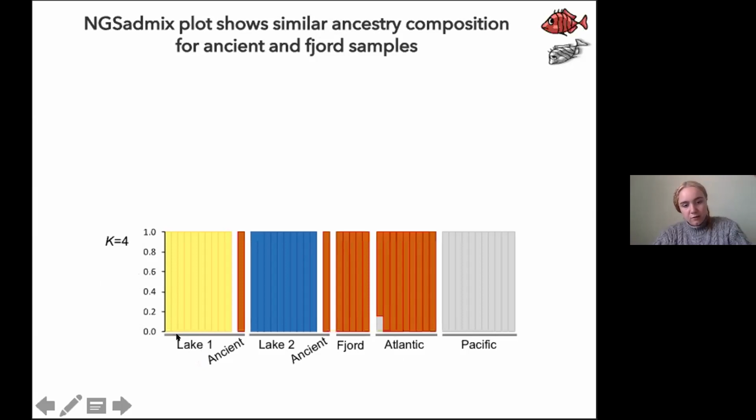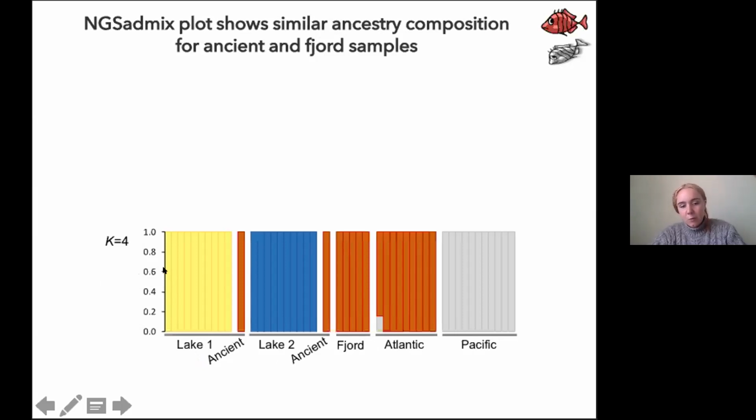We have 10 individuals for Lake 1, then the ancient sample for Lake 1, the same for Lake 2, then the 5 marine local fjord samples, and then also the global fish from the Atlantic and the Pacific.